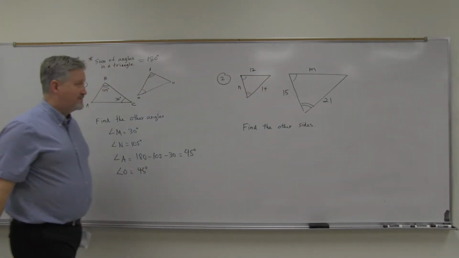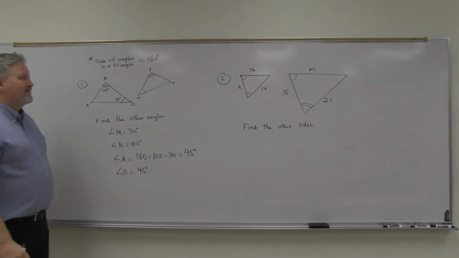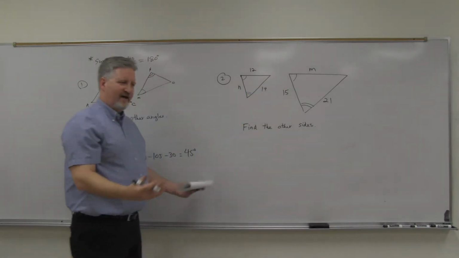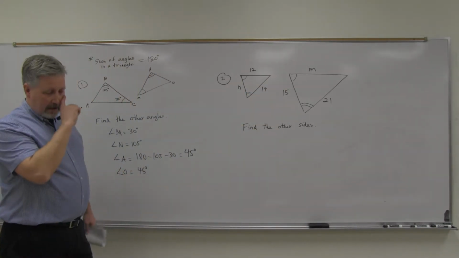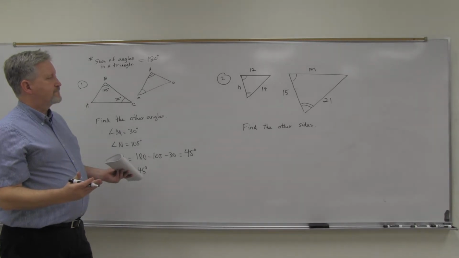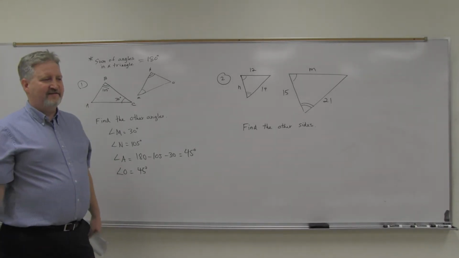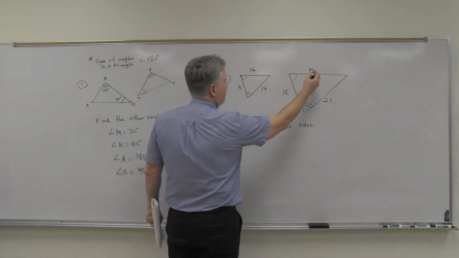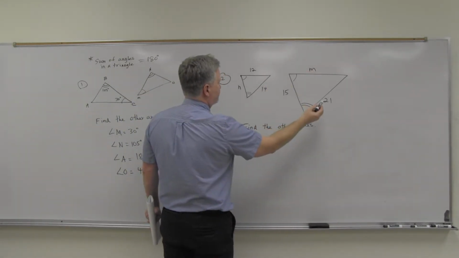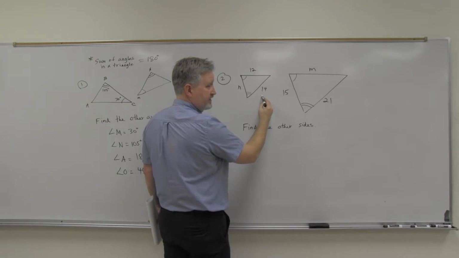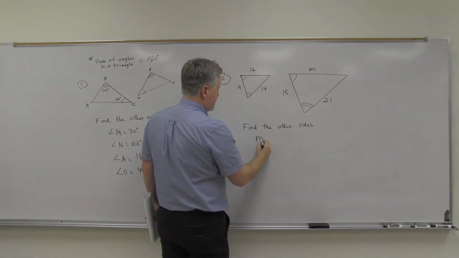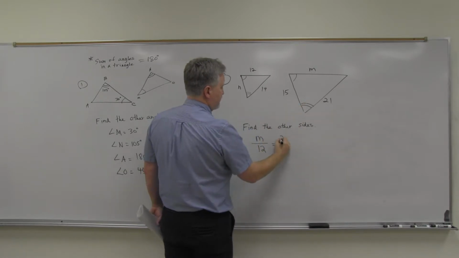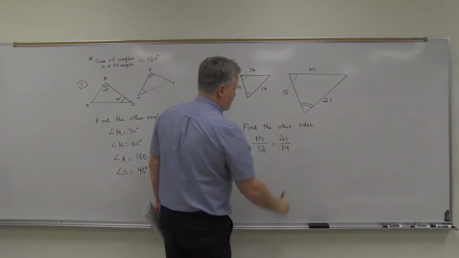Well, in this particular case, yeah, we've got the angles equal, so these are similar, but we want to find the side lengths, and so that's where we use the proportional thing. Like here, the M and the 12 go together, and so do the 21 and the 14, right? So the M over 12 must be proportional to the 21 over 14.